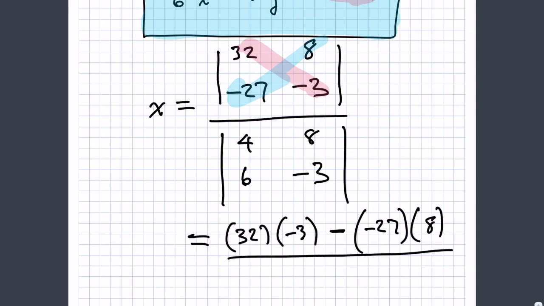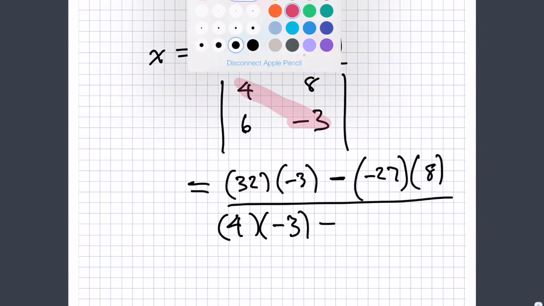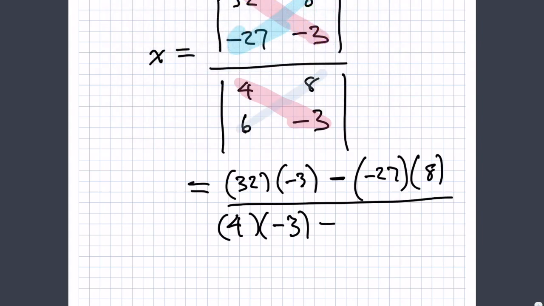And we divide that by the determinant on the bottom. It's the same kind of process. These two numbers minus these two numbers.